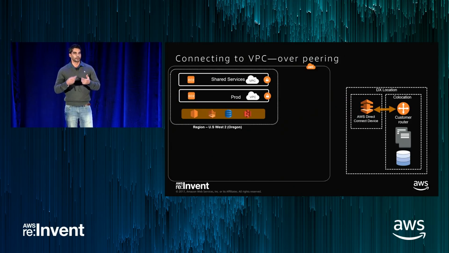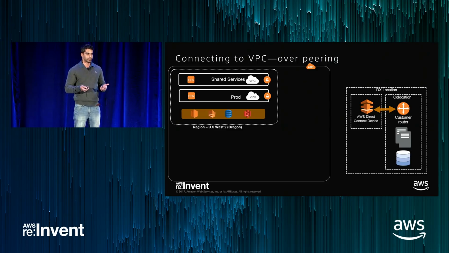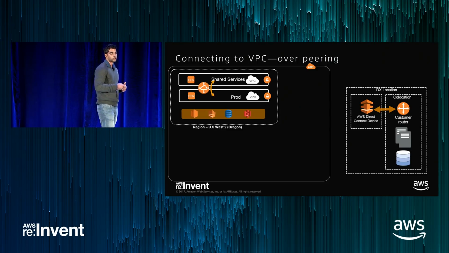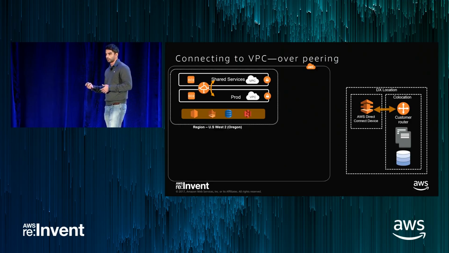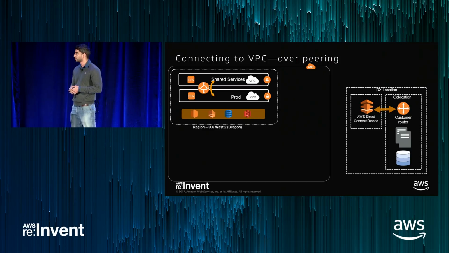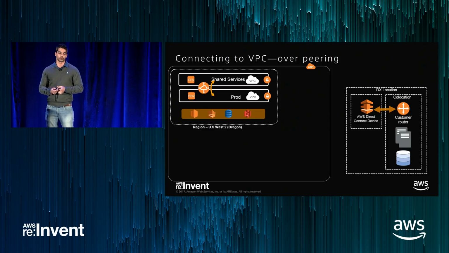Now, you might be familiar with the concept of VPC peering, which allows two VPCs to communicate with each other. Let's say we have a shared services VPC and a production VPC, which we have set up, and we have peered them together. Let's see how this works with Direct Connect Gateway.